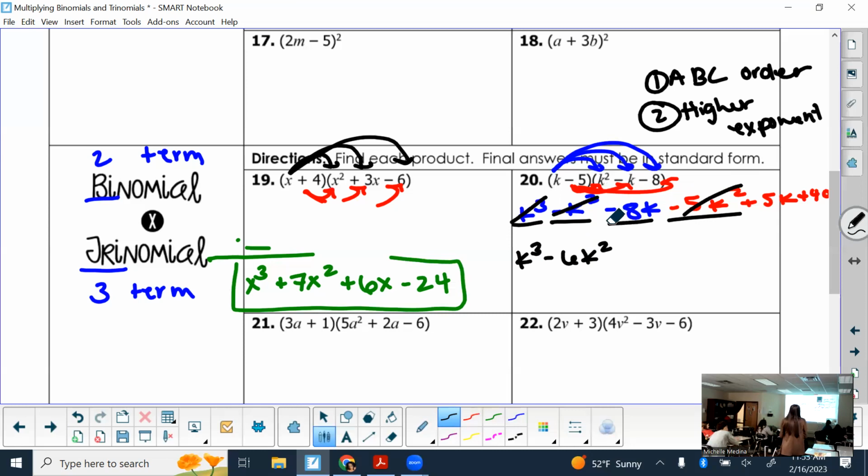Table 3, does the k to the first have a like term? Good, what's negative 8k plus 5k? How about someone other than Elise, because she's been carrying your table today? So table 3, negative 8k plus 5k. Negative 8 plus 5.